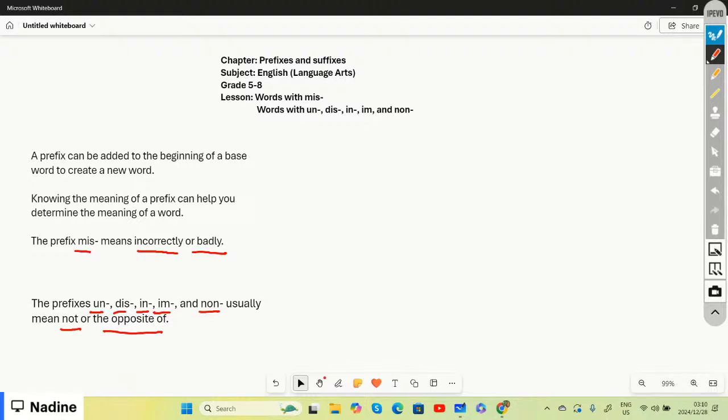So you can add the prefix an, dis, in, im, or non to your base word, and it changes the word to the opposite of what that word is.